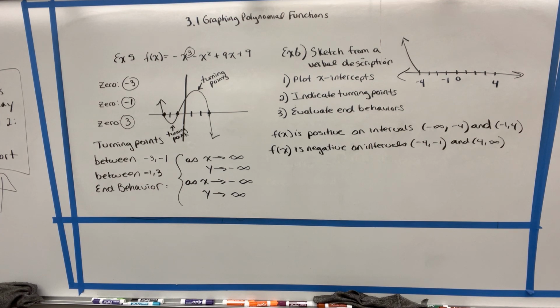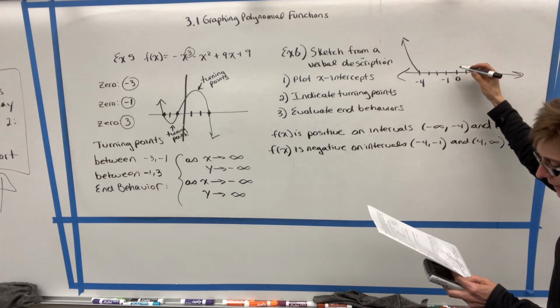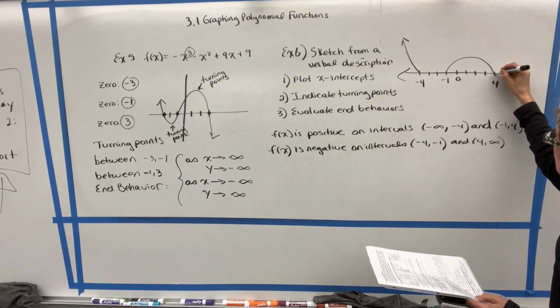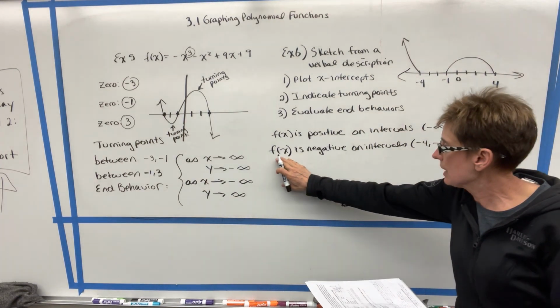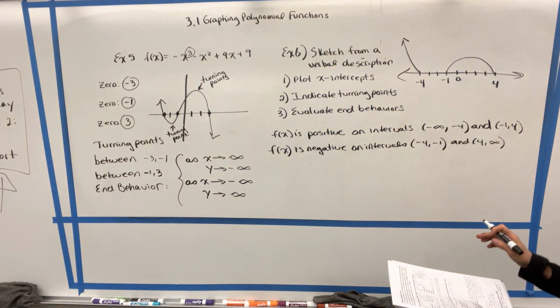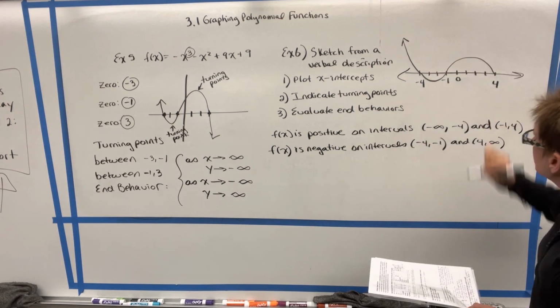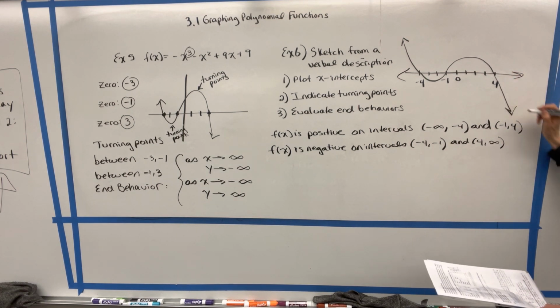I'm also being told that f of x is positive between -1 and 4. So for right now, I can just draw a curve like that. Again, I know that the y values are positive in those two spots. Now, f of x, of course, is another name for y. Where is y negative? It's negative between -4 and -1, so there. And also from 4 to infinity, so there.